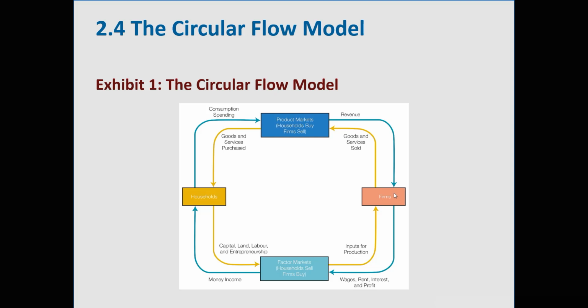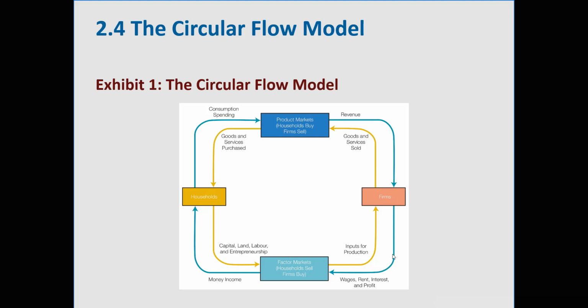So firms, when they produce goods and services, they take it to the factor market. Actually, when firms produce goods and services, they take it to the product market. They sell their goods and services at the product market, and they come back with revenue. Now, in order to produce goods and services, you need factors of production.